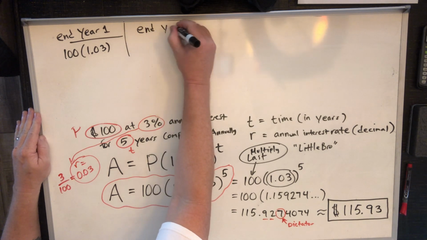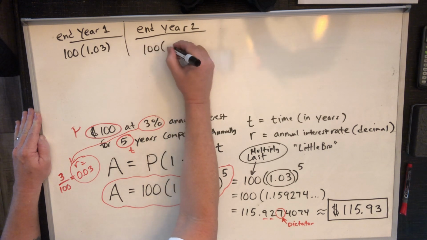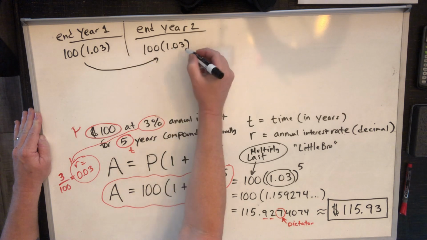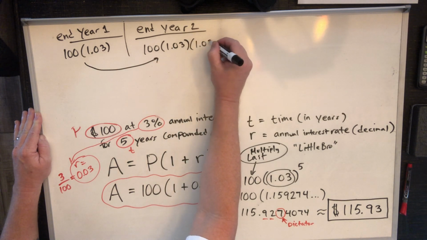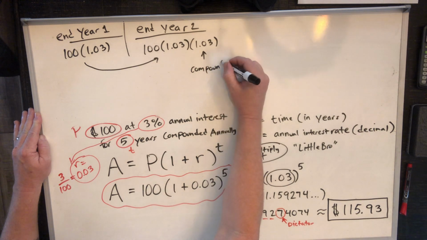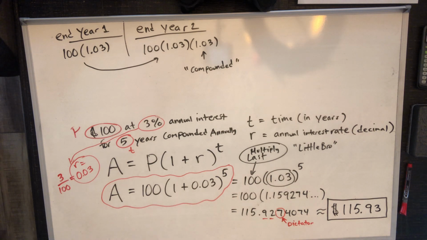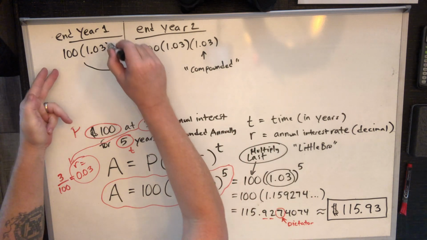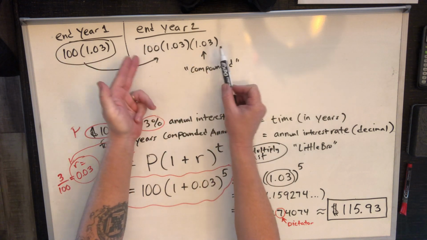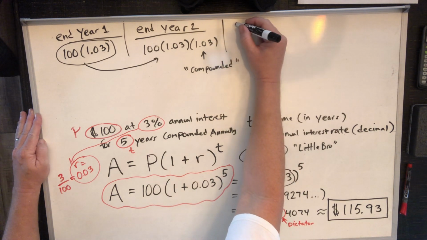At the end of year 2, well, you take what you already owed, which was from year 1, and then you multiply it again, and that's what we mean by compounded. The compounding is that you are taking the previous year's debt, carrying it over into the next year, and then adding or multiplying another year's interest. So on and so forth.